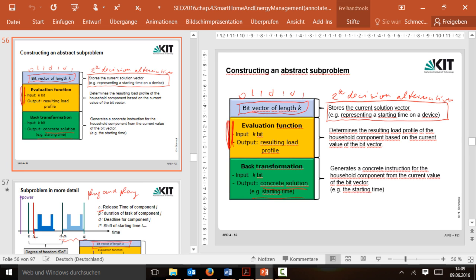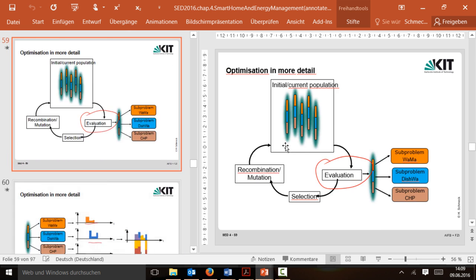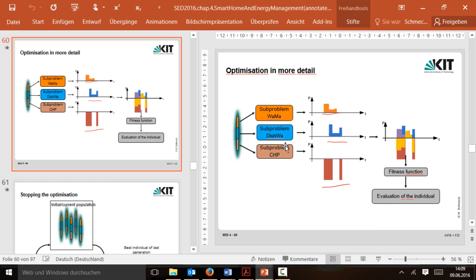We're having this bit vector which abstracts from all the decision alternatives, the evaluation function, which then can be used to actually get an aggregated load profile. So here it looks a little bit strange if you remember how that looked like in the animated version.